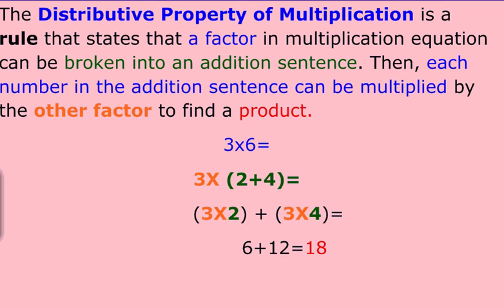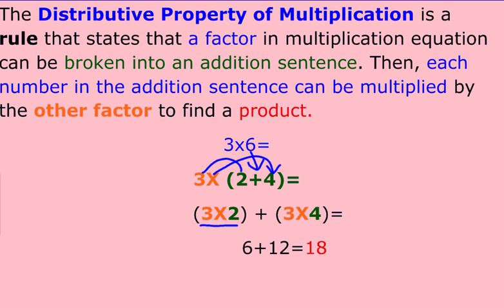So if we have 3 times 6, then we could take the 6, the bigger factor, and break that 6 up into an addition sentence. The 6 can be broken into 2 plus 4, and then we can distribute. We can multiply 3 times 2, and then distribute to the 4.